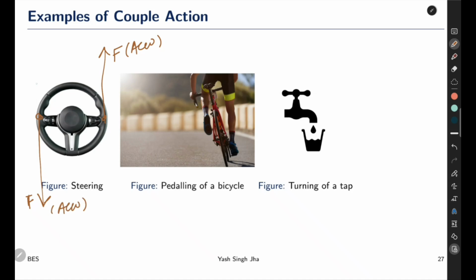So the couple in this case would produce a torque of F times D, the force times the distance between the two forces. Or when you pedal a cycle, the cyclist uses two feet, so the force is equal and opposite on the pedals. Or the turning of a tap, we use two fingers, equal and opposite forces, producing a couple.